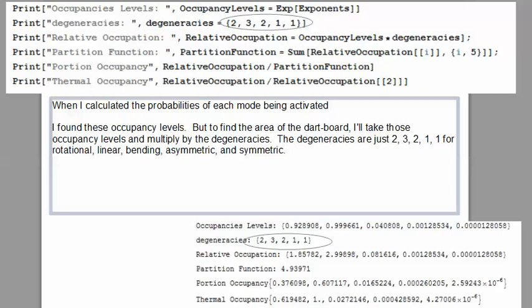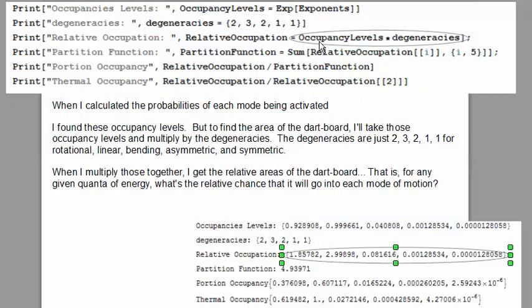Now when I multiply those occupancy levels times the degeneracies, I get the relative areas of the dartboard. That is, for any given quanta of energy, what's the relative chance that it will go into each mode of motion.